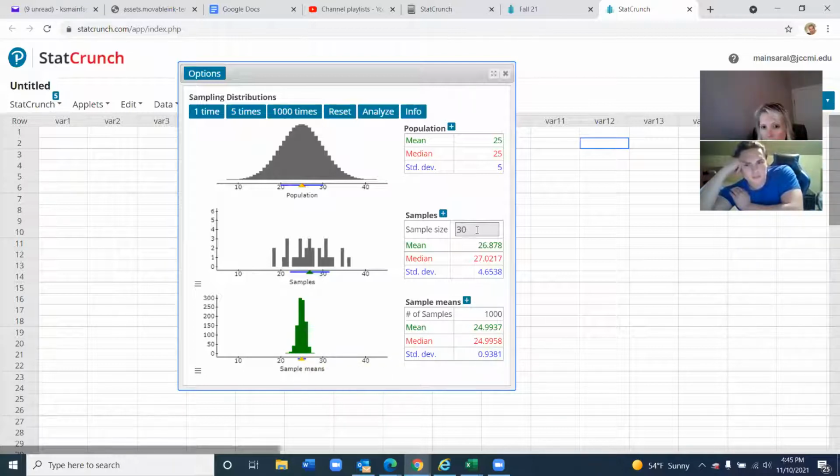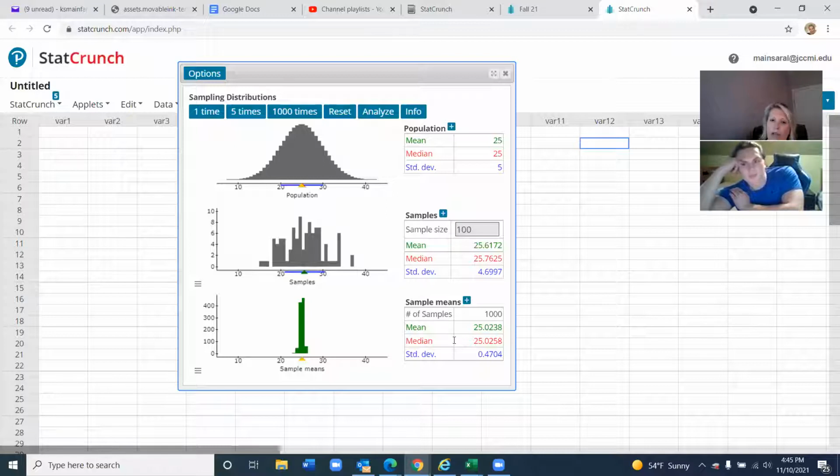So the bigger the sample size, let's say I did a sample size of 100 and did this 1,000 times, you can see it's again getting extremely close to 25, and the standard deviation just keeps getting smaller and smaller. Because when you have big samples like that and a lot of them, they're not going to vary from each other that much at all, so the standard deviation gets extremely small.